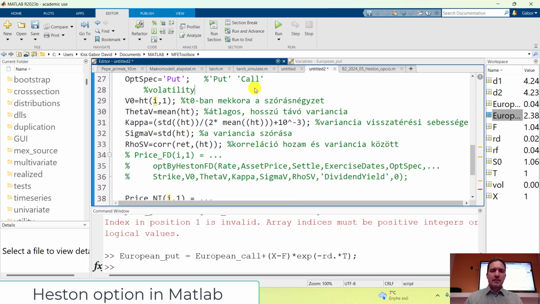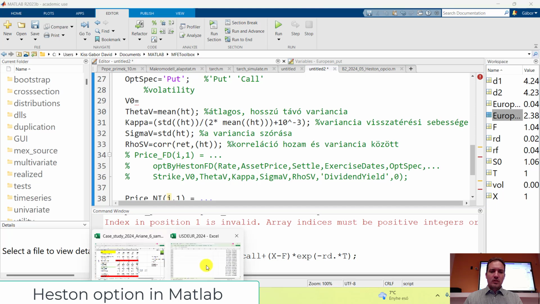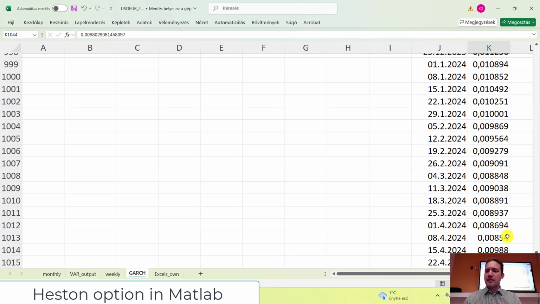Volatility. Okay, right now we can see that this is coming from this database.